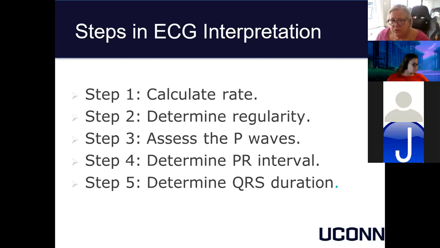And what is the duration or the width of the QRS complex? Those are your first 5 steps. And like many of the things we do, you need to develop a system for this so that you don't forget something. So this is typically what's recommended in terms of assessing your EKG.